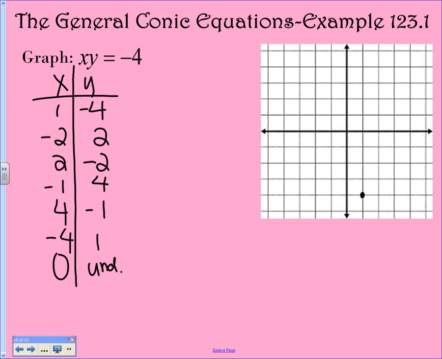So I plot one point, another point, another one, another one, another one, another one. Right? But at 0, what does it do?